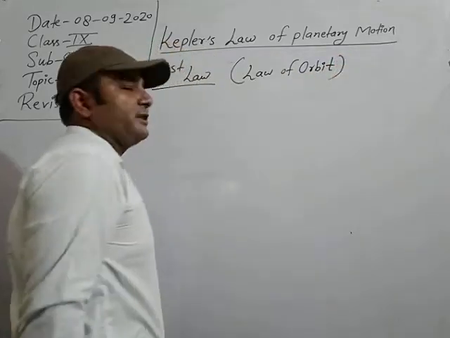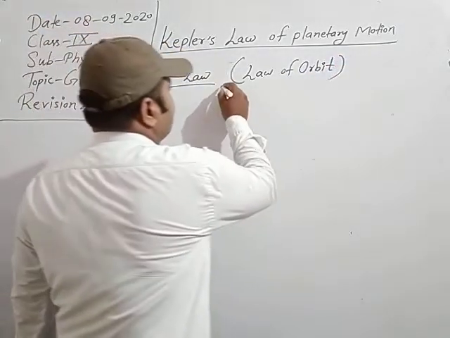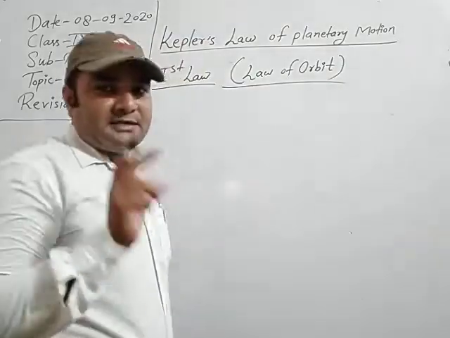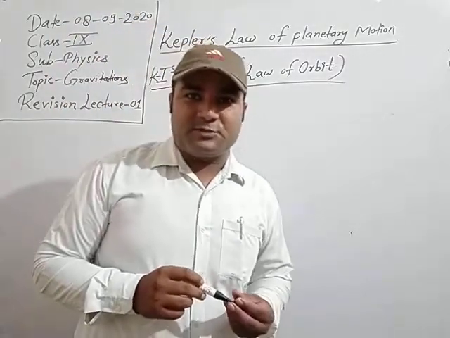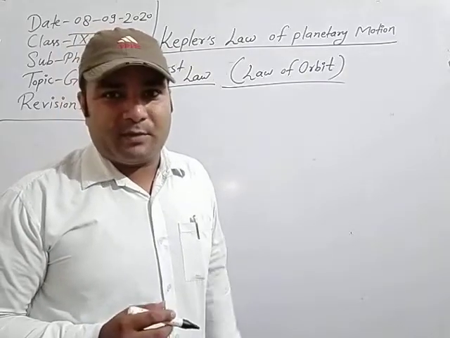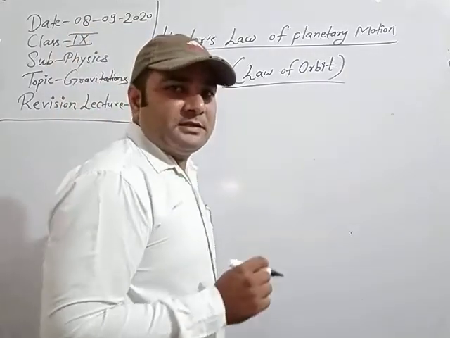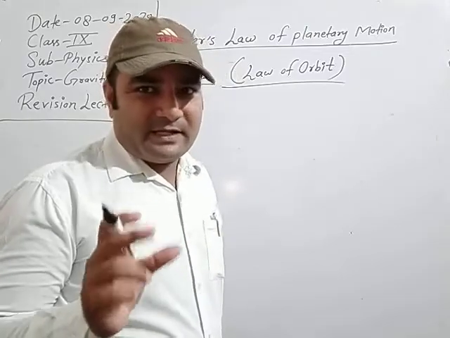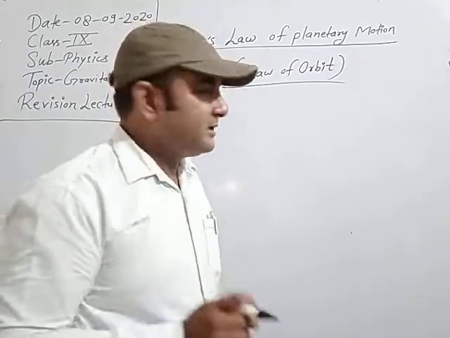Why this other name, law of orbit? Because in the statement of Kepler's first law, the concept of orbit is utilized. That's why Kepler's first law is also known as the law of orbit. Just see the diagram concept. Whenever the diagram concept is clear, everything will be clear.